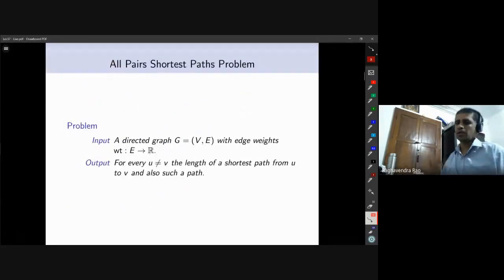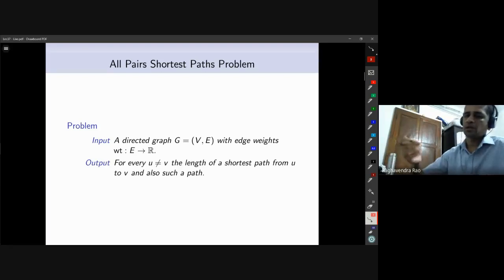So today we'll look at another variant of the shortest path problem. Remember that in the first variant that we have studied, we have a fixed source and we want to know all shortest paths originating from that source. In the all pair shortest path problem, we want for every possible pair the length of a shortest path from one vertex to the other.